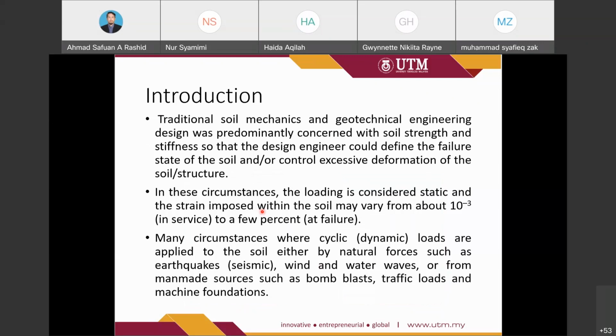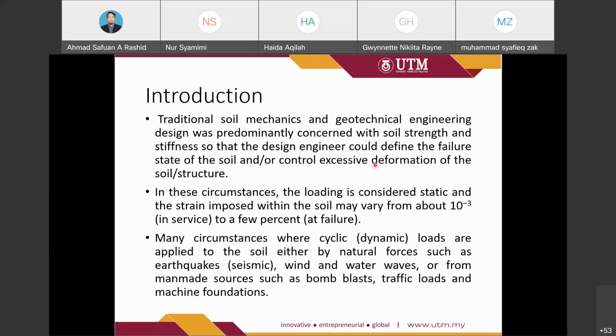So traditional soil mechanics and geotechnical engineering design was predominantly concerned with soil strength and the stiffness of the soil, so that the design engineer could define the failure state of the soil and control excessive deformations of the soil structure.